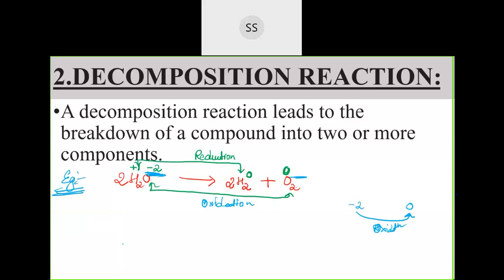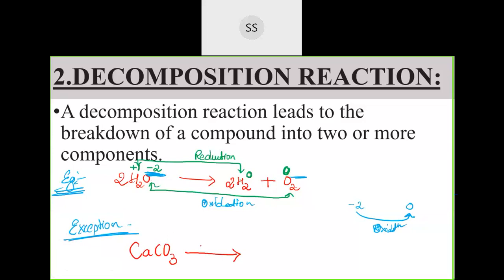Now remember, not all decomposition reactions will come under redox reactions. Some exceptions are also there. One exceptional case is here. This decomposition reaction you have studied in your high school, if you are able to recall. Calcium carbonate. Calcium carbonate on decomposition gives you two products.